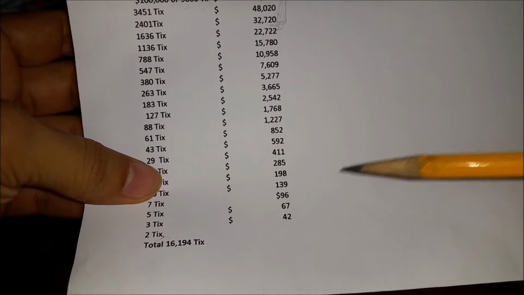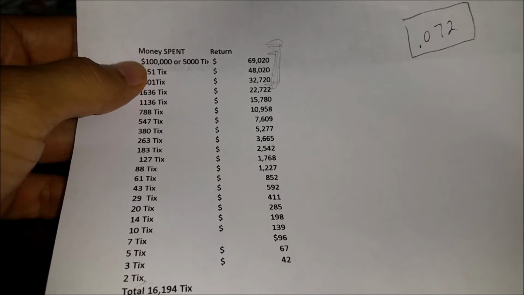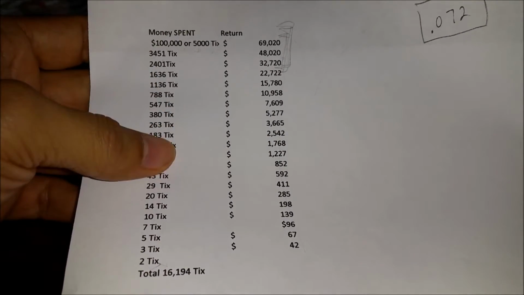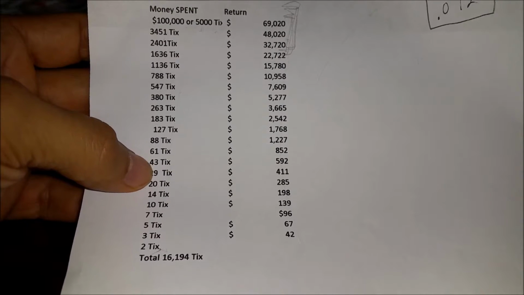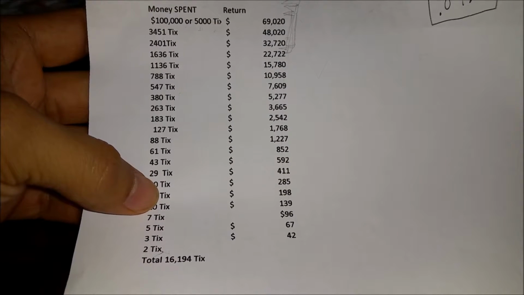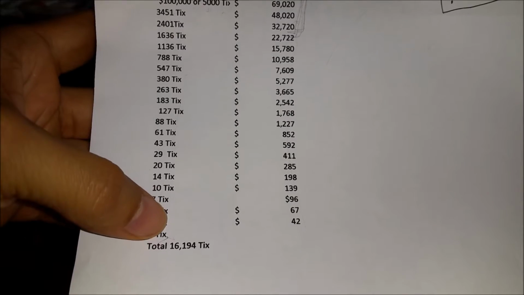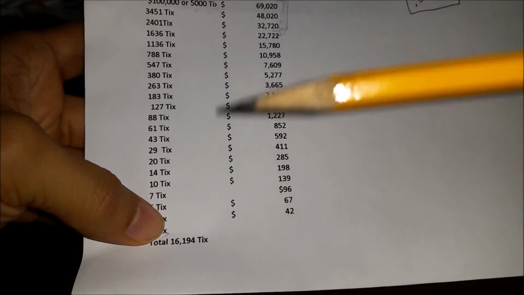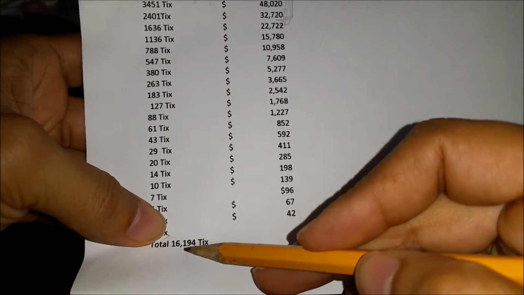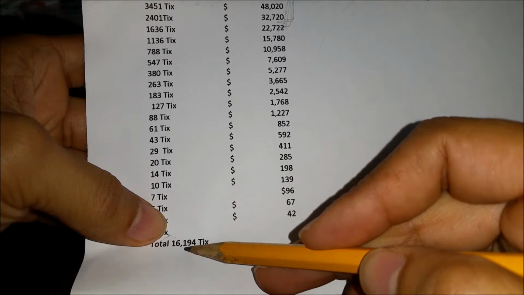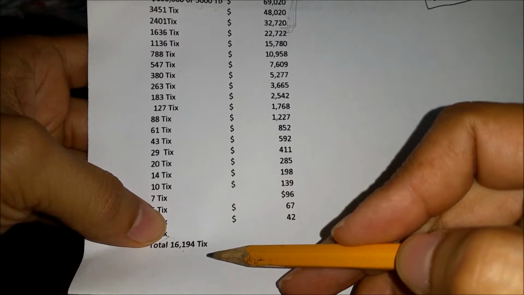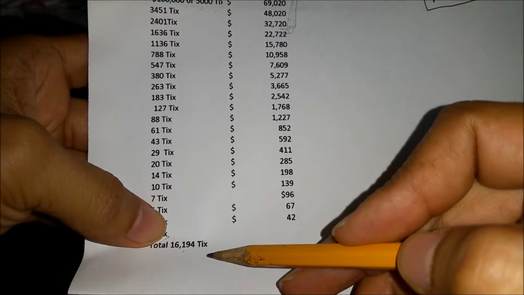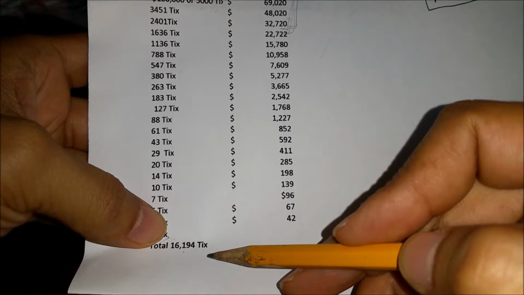And based on the $100,000 initial spent, basically pyramiding all your earnings back into the scratchers, you could buy a total of 16,194 tickets. And now that's a lot of scratchers.